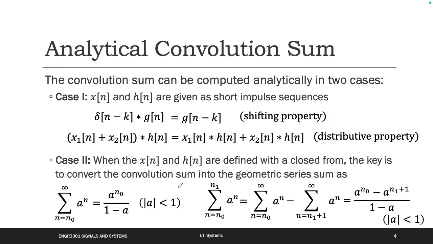Let me ask you a question. For case one, you can use some properties, and it's not that difficult. But for case two, sometimes you will have two different upper bounds when converting the convolution sum to this kind of equation. Do you remember?